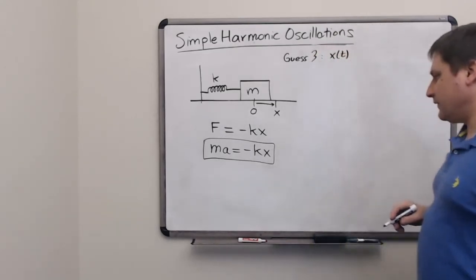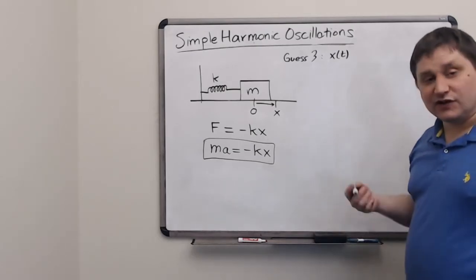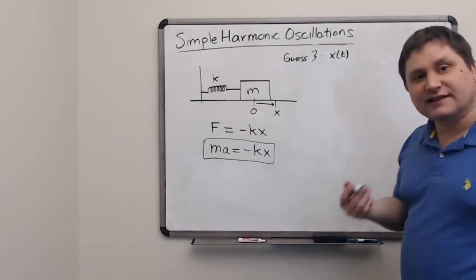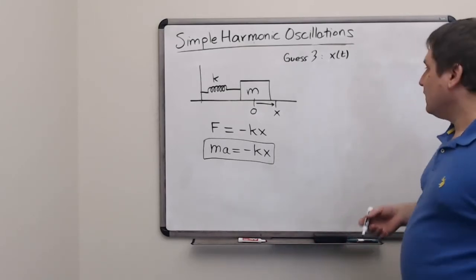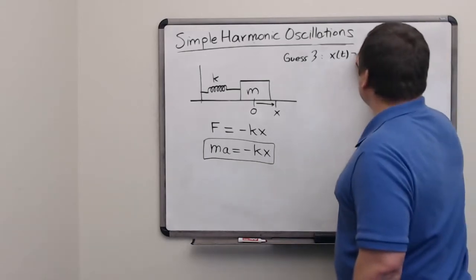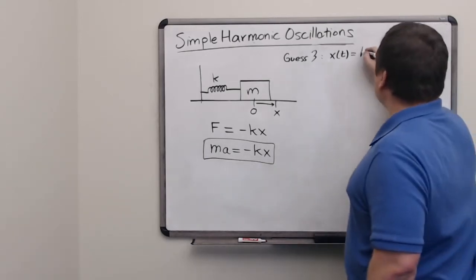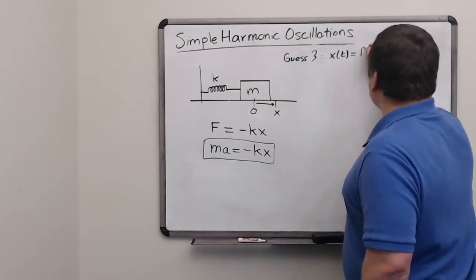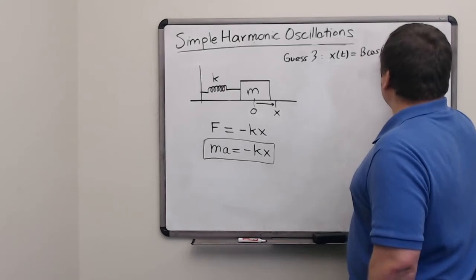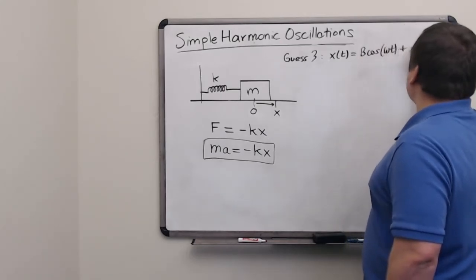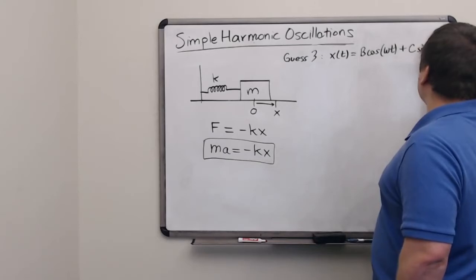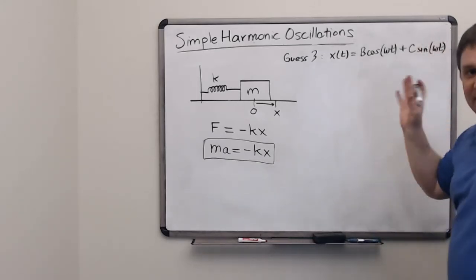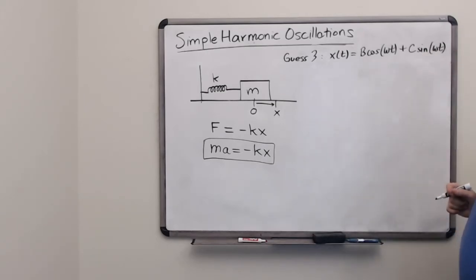Okay, so let's think about this. We saw that adding an amplitude was a good idea. We saw that adding an angular frequency was a good idea. And we saw that having a sinusoidal function was a good idea. So the most general thing we could do that includes all those is to have a term for cosine, which is sinusoidal, and also throw in a term for sine, which is also sinusoidal.